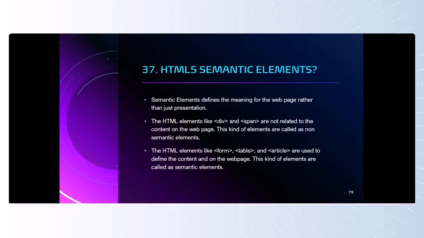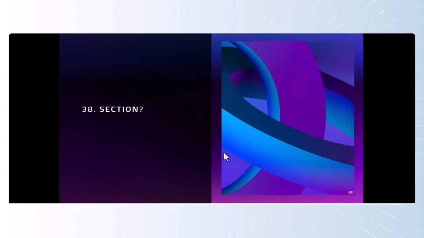The name of the element describes the section that it is. Section is one of those. So you'll have HTML elements that could include form, table, article, and section. What is a section?